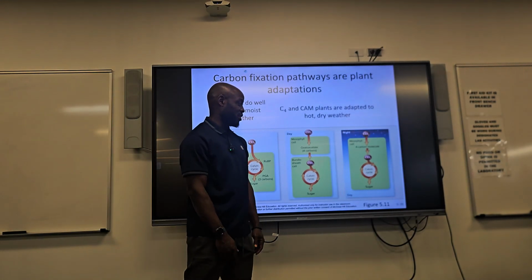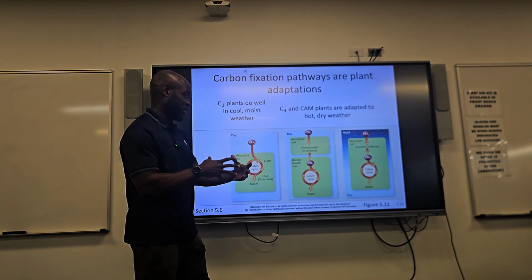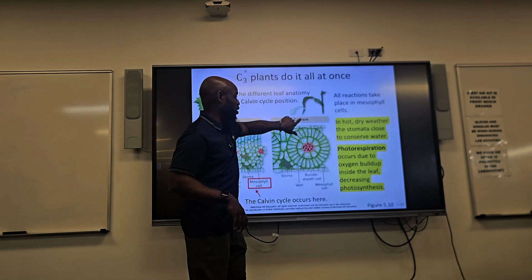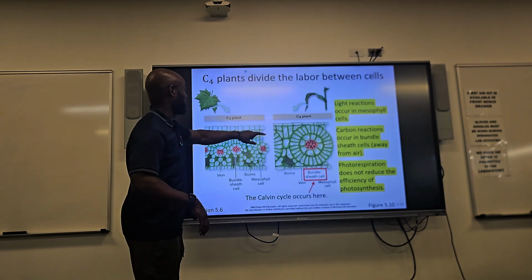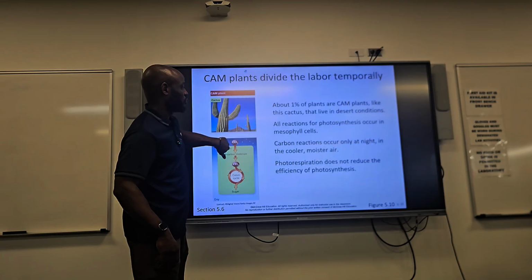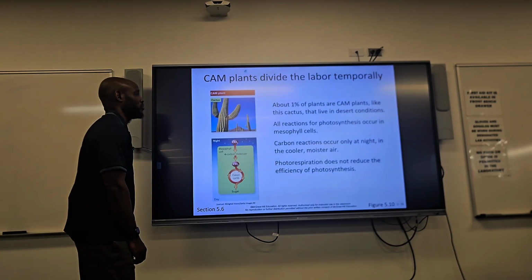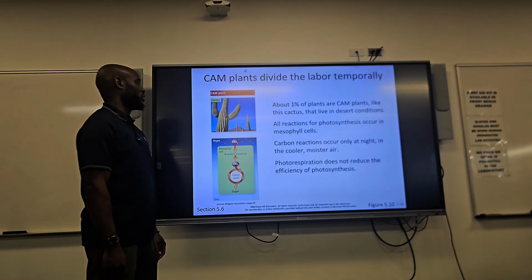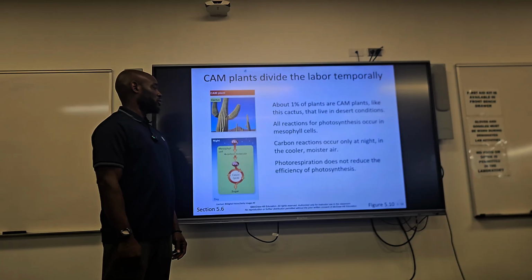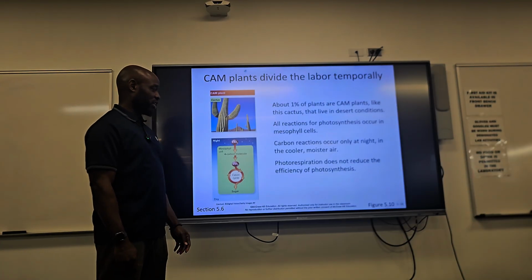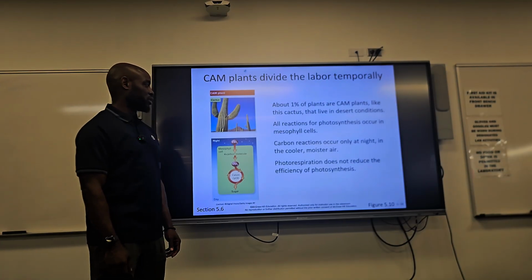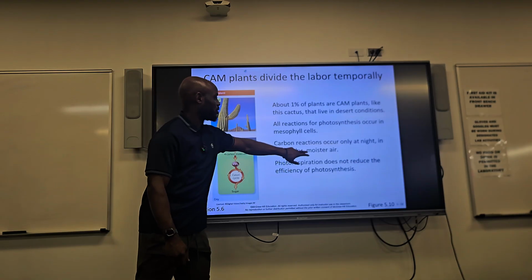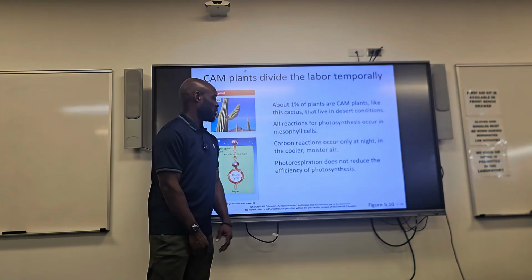And that's how they're able to stay alive, by splitting it up and doing it a little bit separately. All right, and so that's how some plants are able to do it versus other plants. I think that's it.